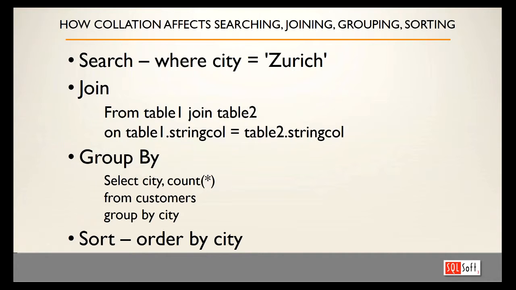Well, with accent sensitivity, Zurich without the umlaut will be compared false to Zurich with the umlaut. In order for those to compare favorably to each other, you need to have accent insensitivity. And in the case of the tax software that my client was using, they had accent insensitivity selected by default for their SQL Server as the SQL Server collation, because that was just easier for them.